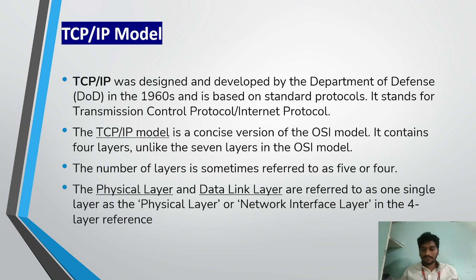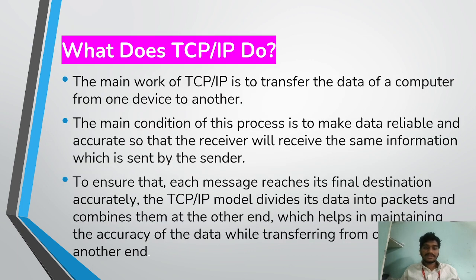Next, what does TCP/IP do? The main work of TCP/IP is to transfer data from one computer to another. It plays a vital role in transferring data between computers. The main condition of this process is to make the data reliable and accurate, so that the receiver receives the same information sent by the sender.